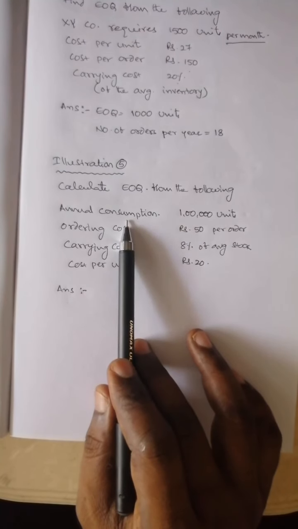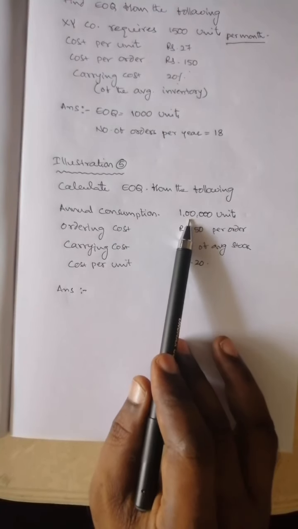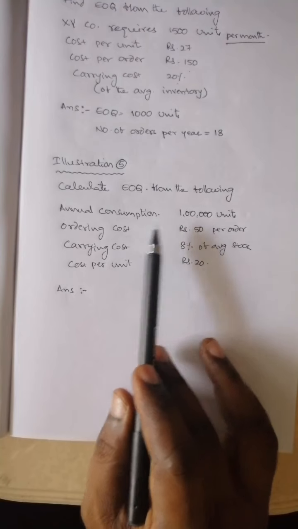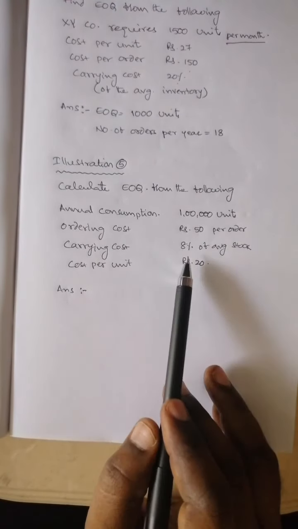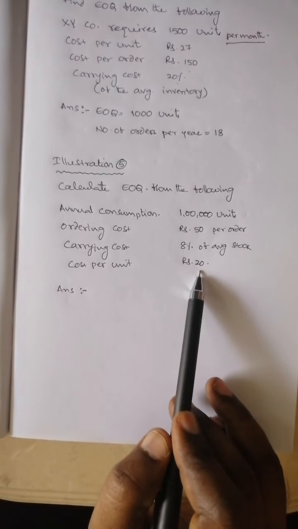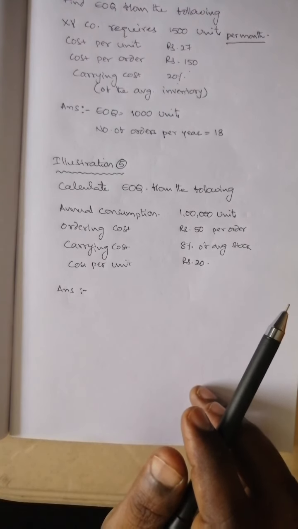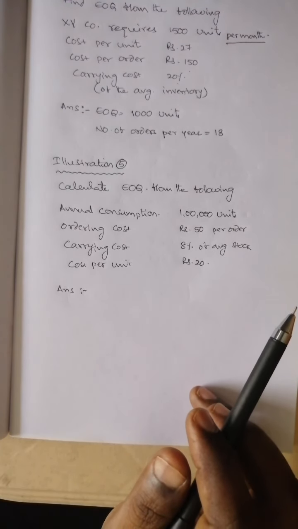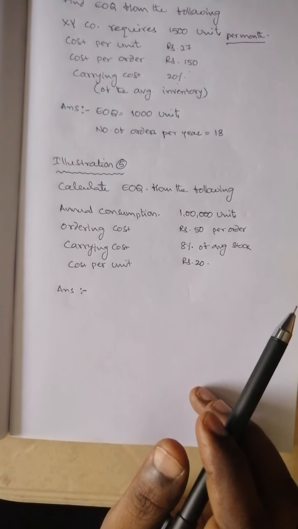Now here it is given as 1 lakh units per annum, annual consumption. So you can take 1 lakh units directly as it is. Ordering cost 50 rupees per order, carrying cost 8% of the average stock, cost per unit is 20 rupees. So all these values are readily given.